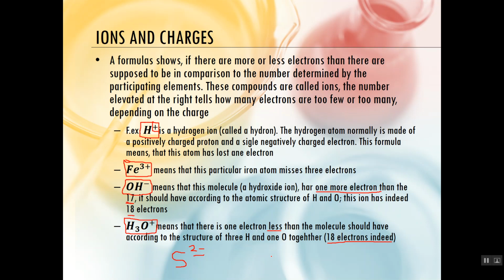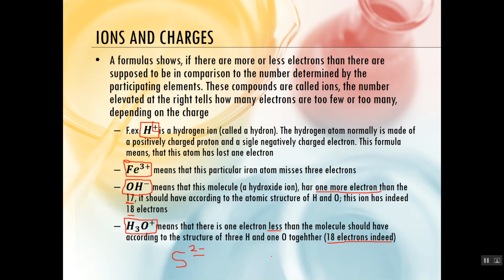So remember, each positive charge on an atom or a molecule means the number of electrons missing. Each negative charge of an atom or a molecule means the number of electrons which they have too many of.